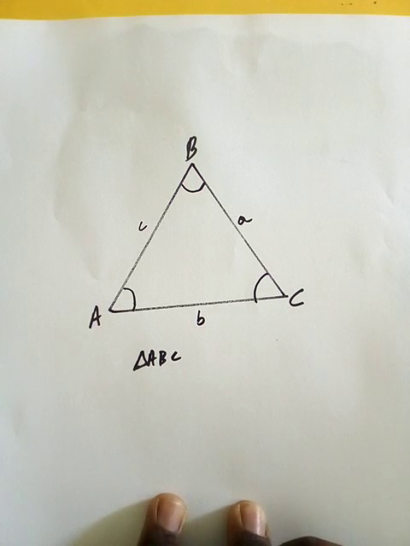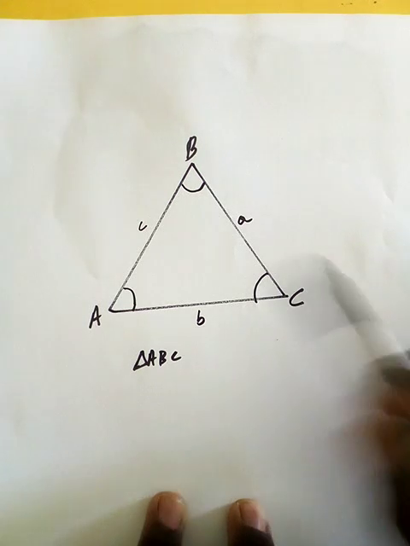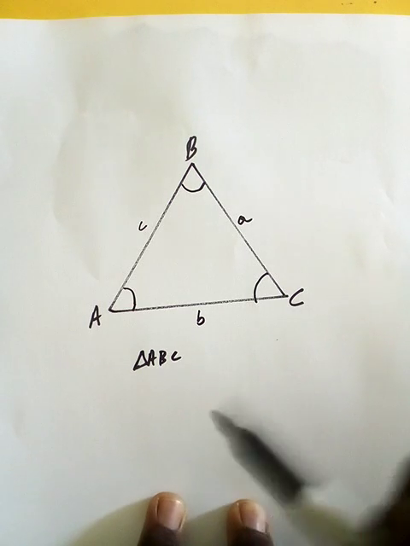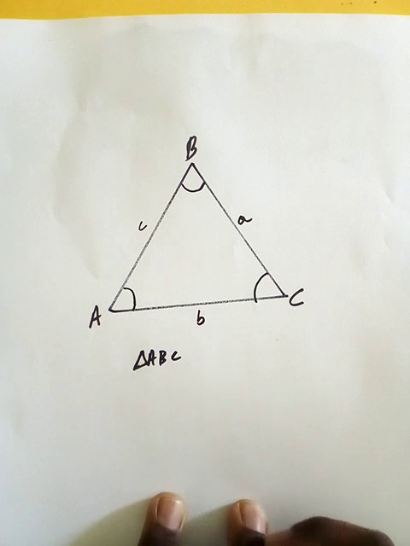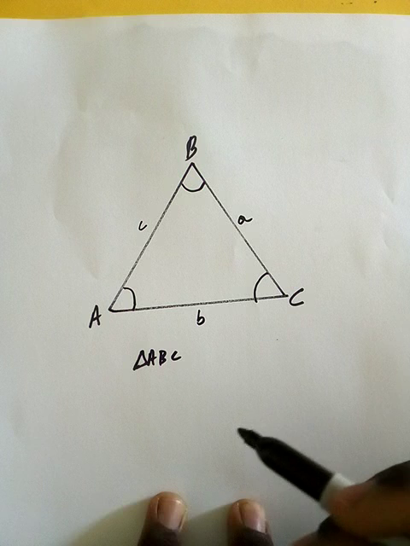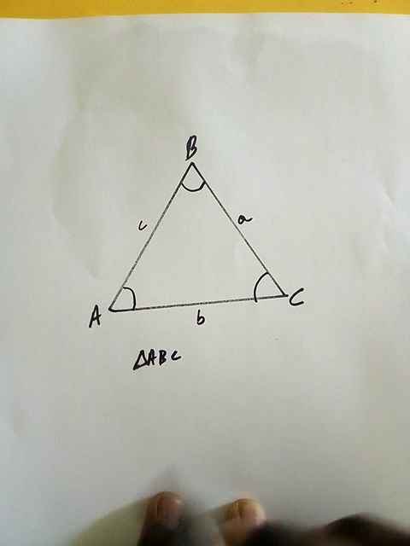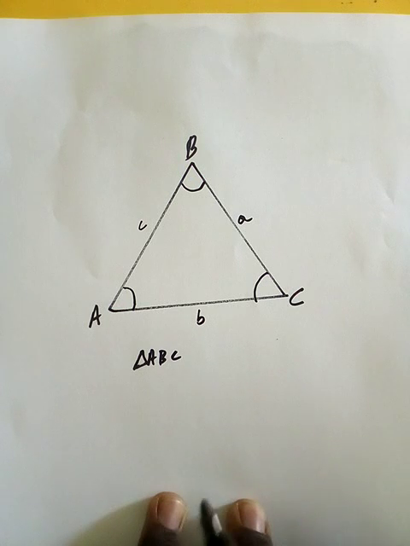So what we're going to learn using this type of triangle, not a right angle triangle but maybe an acute angled or obtuse angle triangle, is how to find missing sides and missing angles. Most importantly, we don't use a right angle triangle.